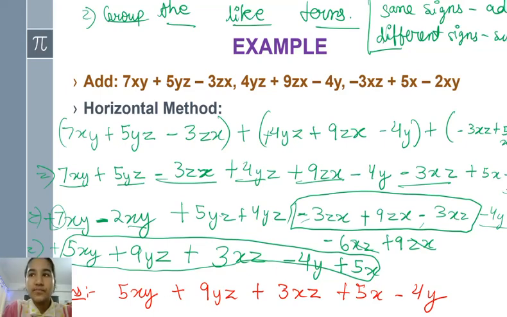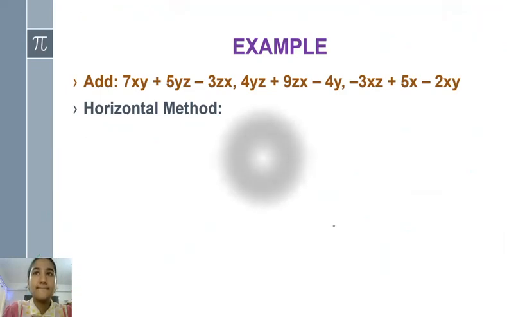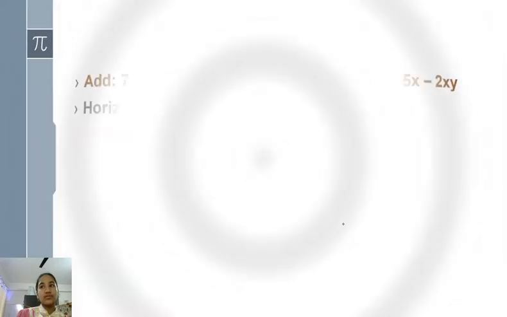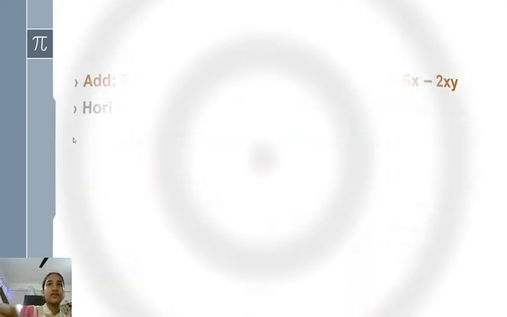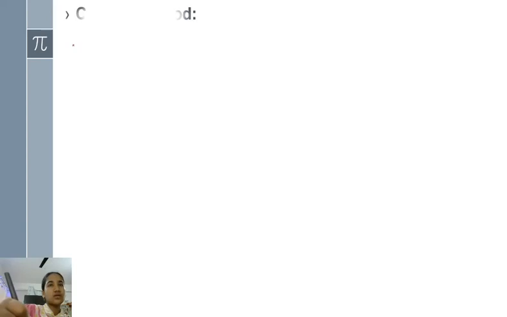In this, I'm gonna go with any arrangement, okay? Now, using the column method, I'll teach you how you have to do it. So the question is 7xy plus 5yz minus 3zx plus y. So let me take this question over there.